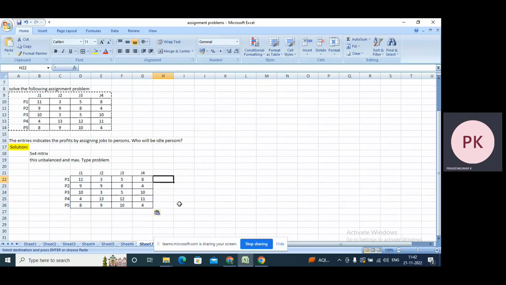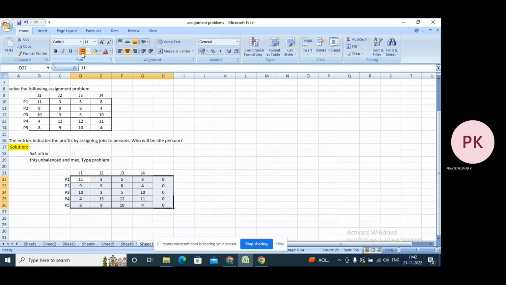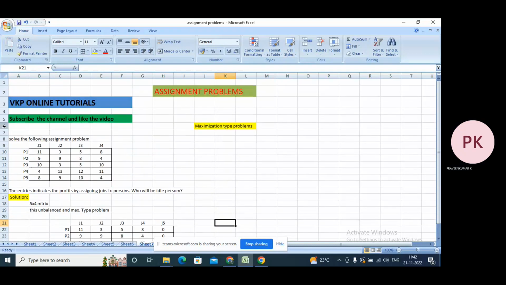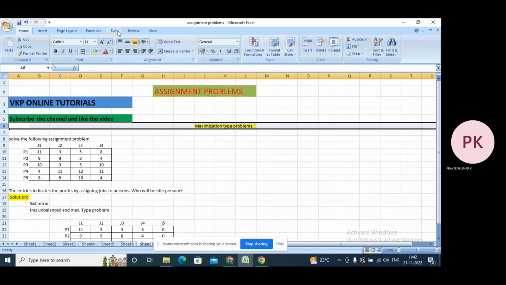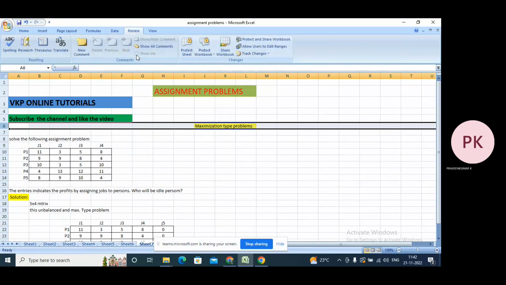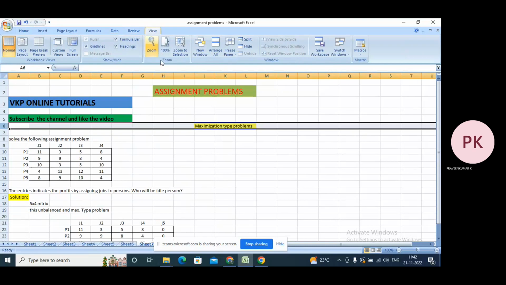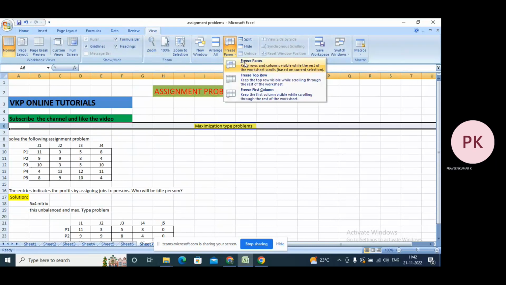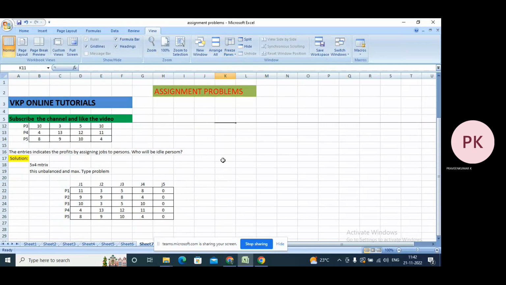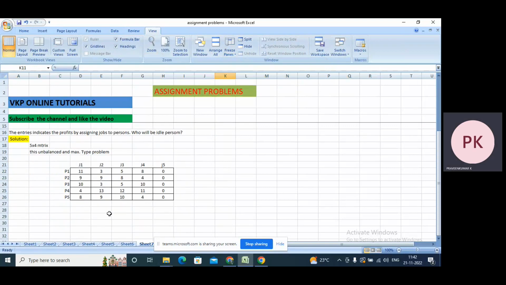Here I am introducing one dummy column: 0, 0, 0, and 0. Assume this is J5, job number 5. Now this matrix has become balanced.